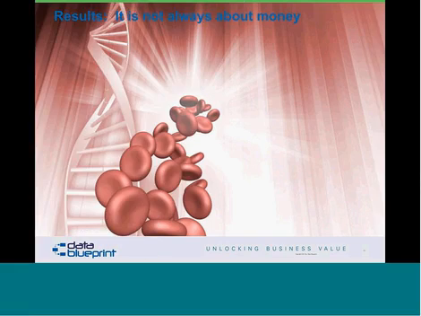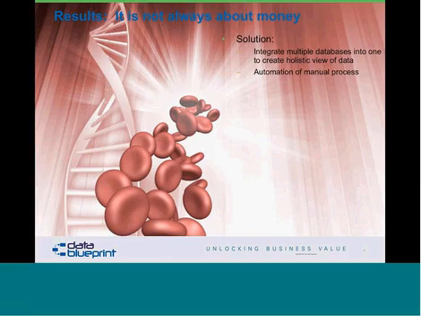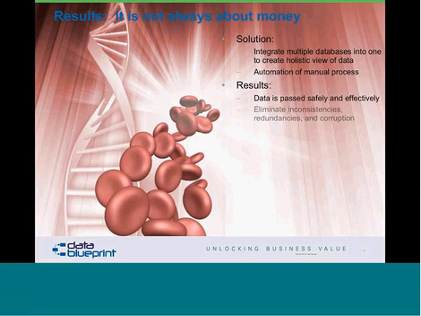And the measures are not always about money, although a lot of people like to look at this. But once we had integrated this data into a more coherent data architecture, and we had automated a number of the existing manual processes, the data was able to be passed effectively and efficiently. We were able to eliminate the inconsistencies.